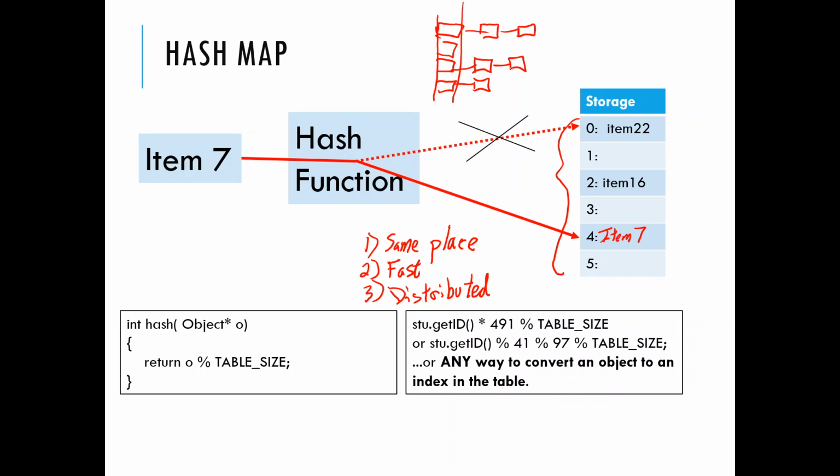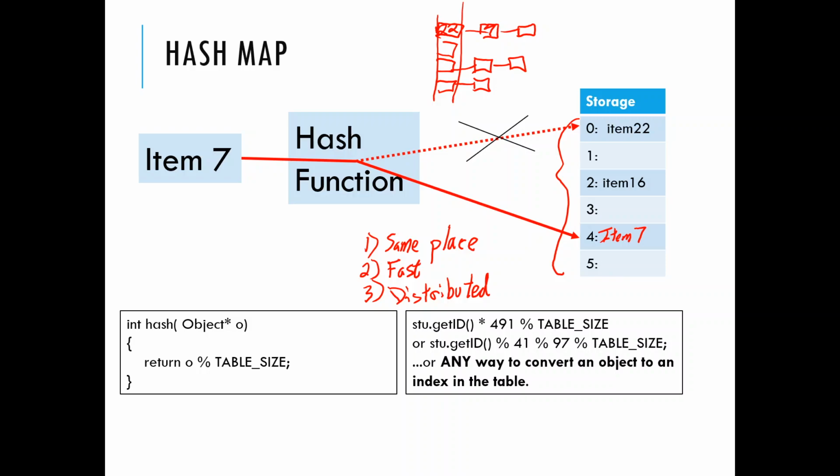So if item 22 is already there and I add item 7, I put the 22 in here, and I have the 7. But in the worst case scenario, everything goes in the same place in the hash table, and now I just have a linked list, and that's slow again. I got the hash table and I didn't get anything for it. So ideally, what you want is the absolute minimal number of collisions. You do not want multiple items or multiple things going to the same location.